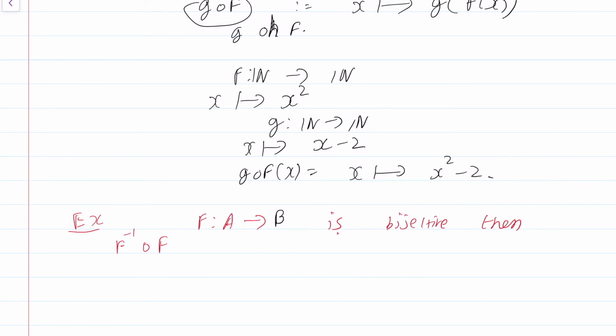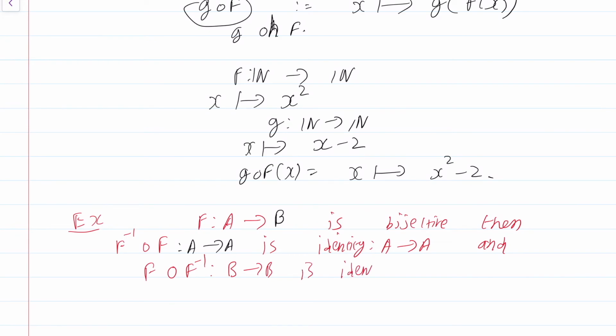f inverse composed with f will be a function from A to A. This function is identity from A to A, and f o f inverse is a function from B to B, which is identity from B to B. Okay, so in this sense it's an inverse.